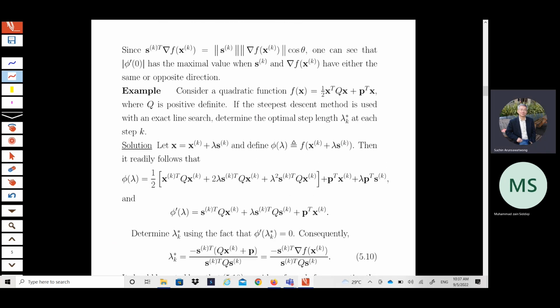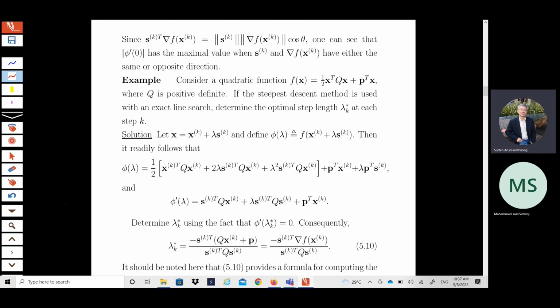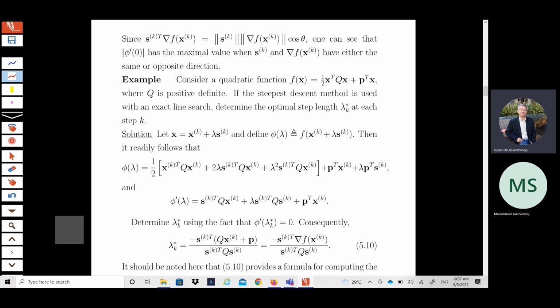Here it can be any method, but we just assume that the vector sk is the steepest descent. We assume that we use the steepest descent with an exact line search.